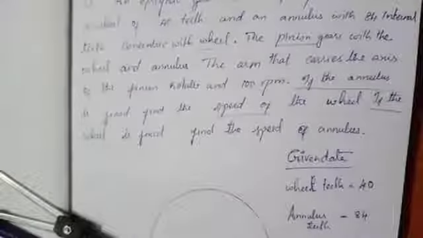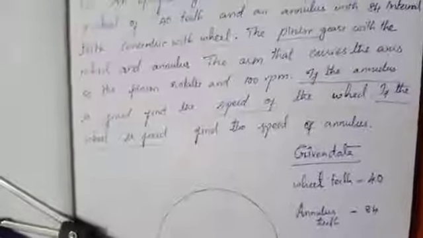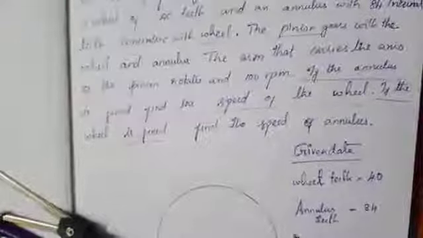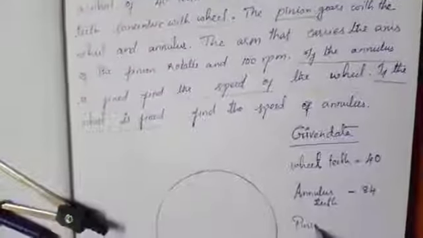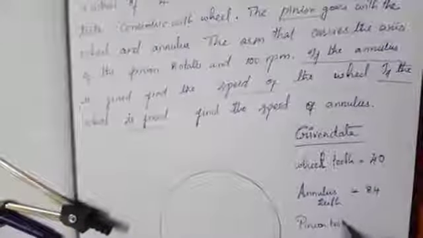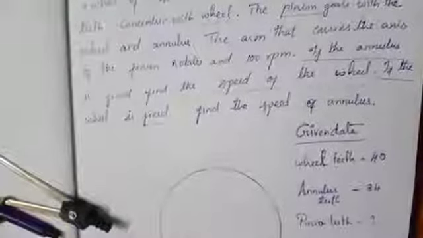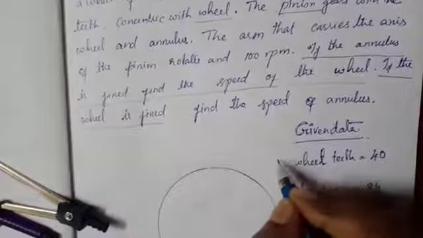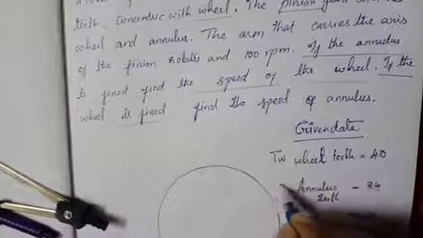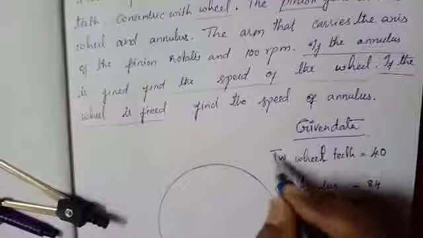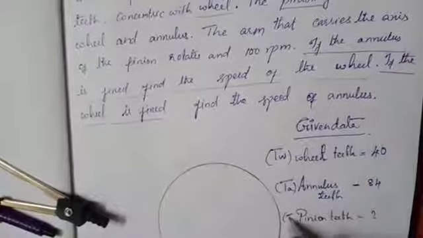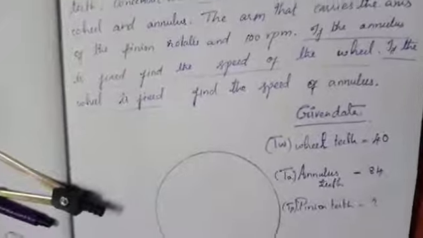The pinion gears with the wheel and annulus. Pinion teeth is not given, so you need to find out the pinion teeth. If you want, you can give the symbols TW, TA and TP. So you can give it like this.